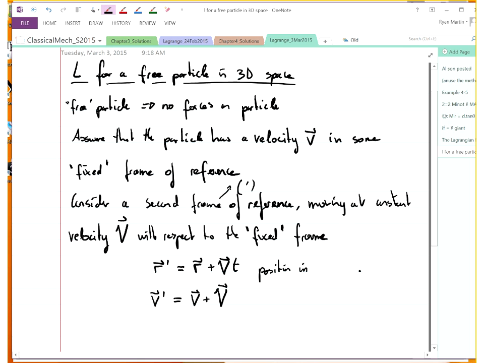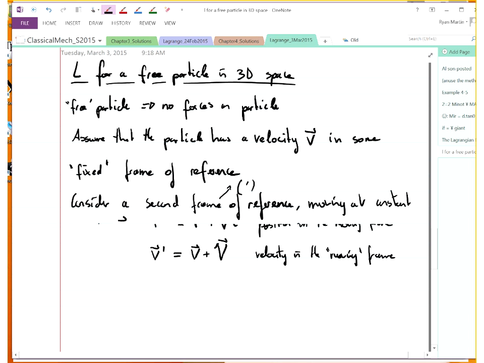Okay? So that's position in the moving frame and velocity in the moving frame. I suppose I should put moving in quotation marks as well, since moving and fixed is arbitrary.